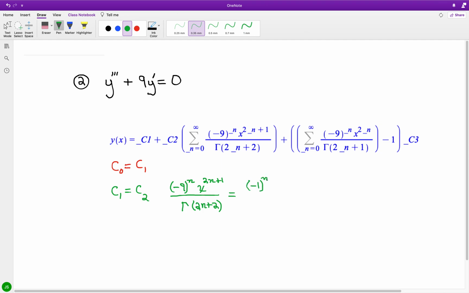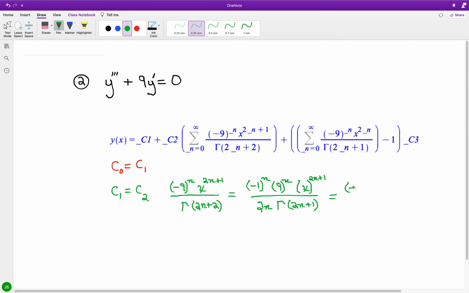So we have -1 to the n times 9 to the n times x to the 2n plus 1, and for the gamma of 2n plus 2, this would be equivalent to 2n times the gamma of 2n plus 1, just spreading out what we have here.